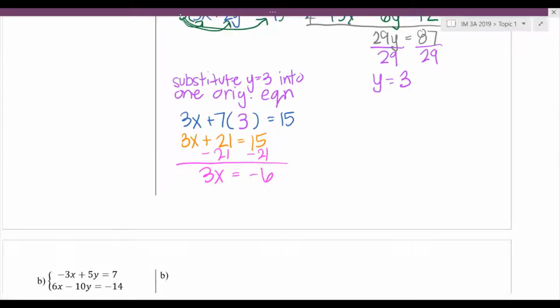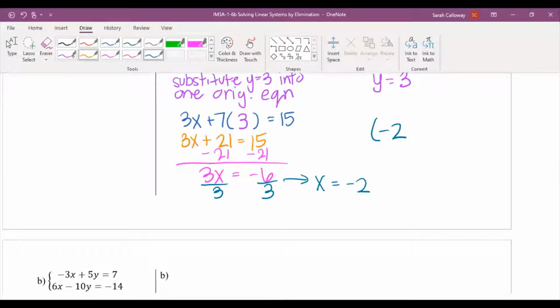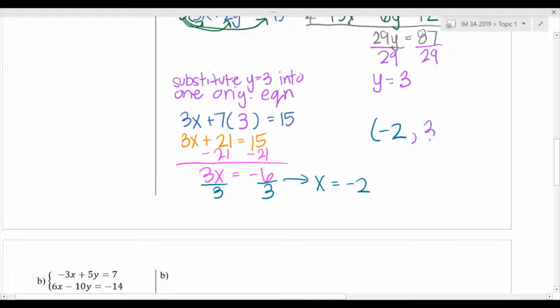And then dividing by 3 gives us that x equals -2. So what this means is that the solution to this system is -2, +3.